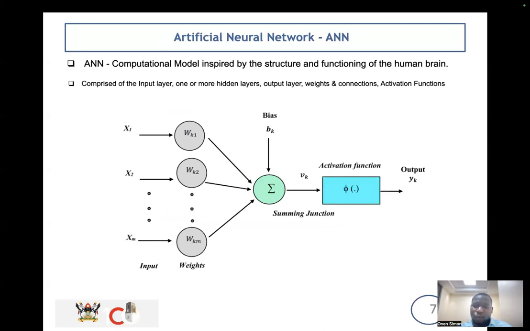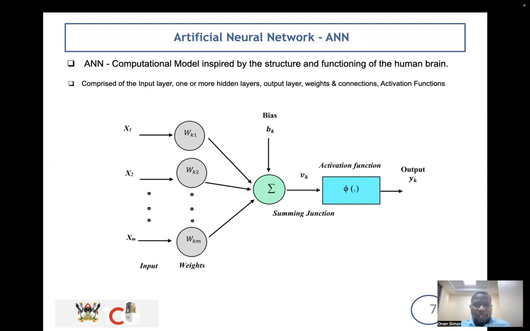Then we come to the artificial neural networks, which are inspired by the structure and functioning of the human brain. Here it has an input layer, then one or more hidden layers, then the connections and weights, and the activation functions before the output layer.